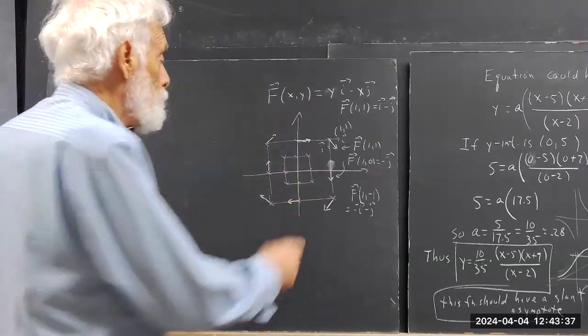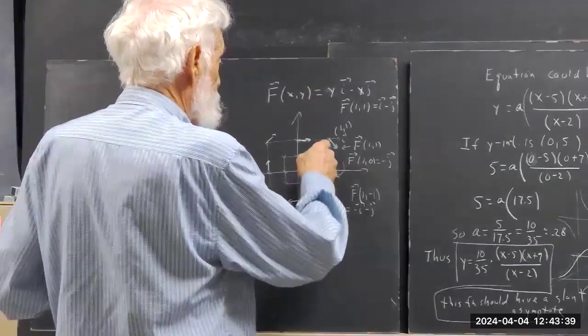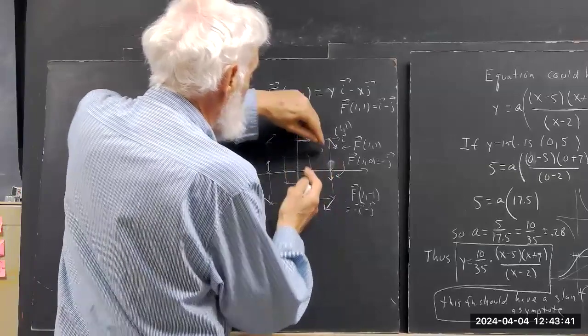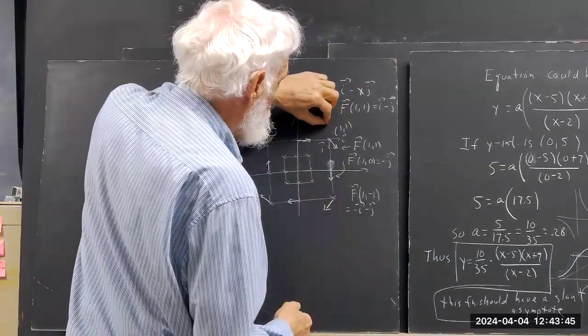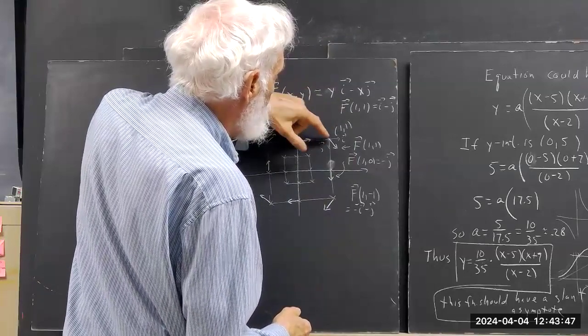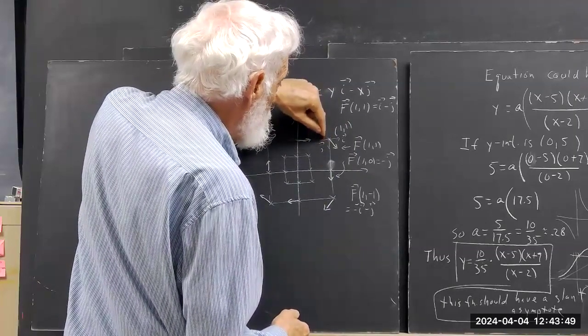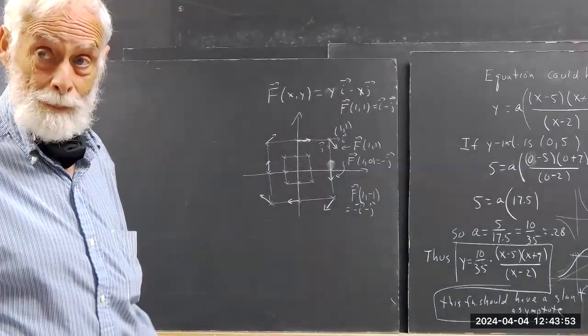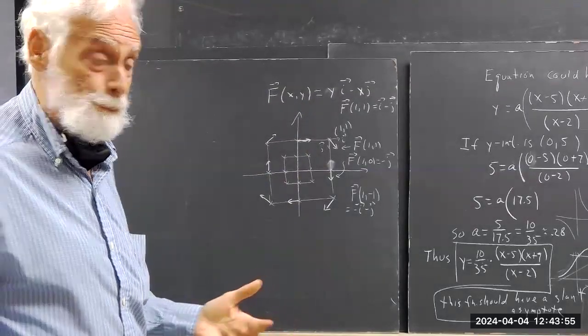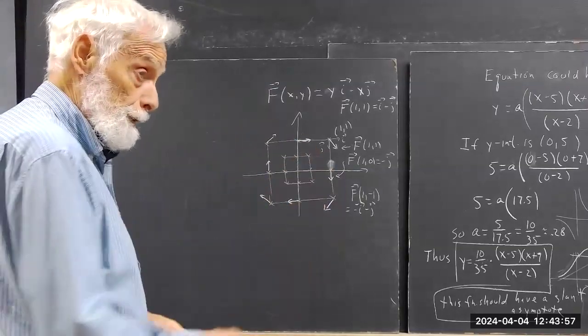Okay, so if I'm moving up here, I get to here. Here's my direction of motion. Here's my vector. The component of my vector in my direction of motion is this. It's negative, right? That makes sense? You want to be able to visualize that.